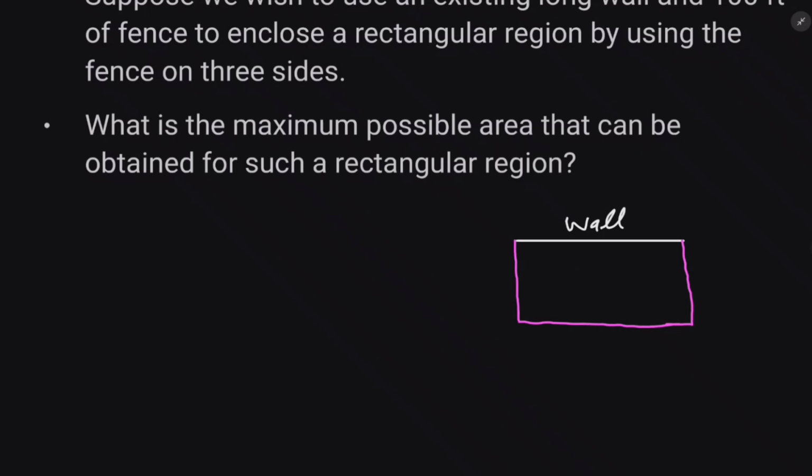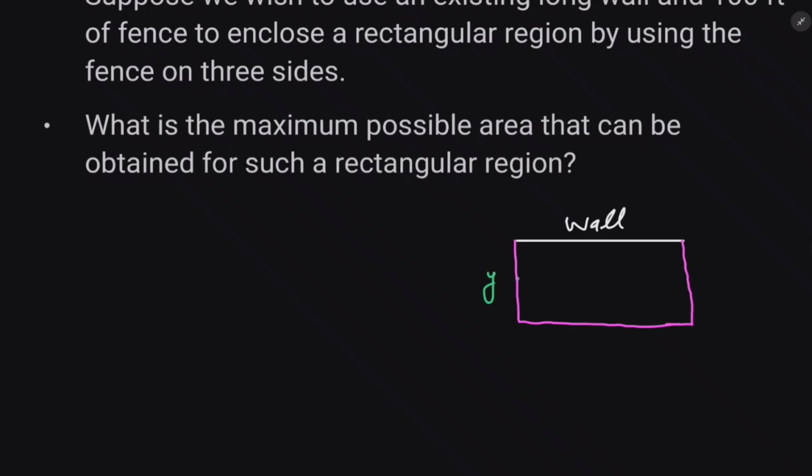So how can we start this question? Let me give you a hint. The purple part has 100 feet, and it is molded into the sides of the rectangular portion. One side you can call, for example, x, or whatever variable you want to name it.